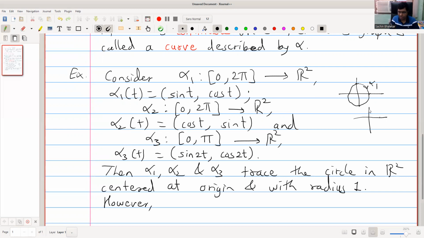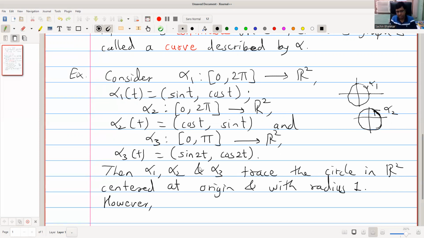So we can realize that the same circle is traced by alpha 2, but it is anti-clockwise. So the orientation of alpha 1 is different from alpha 2.